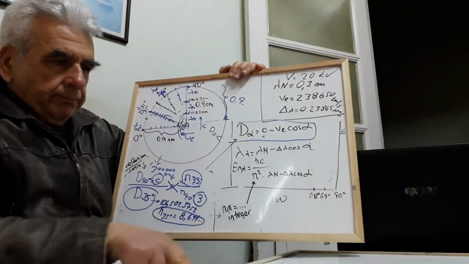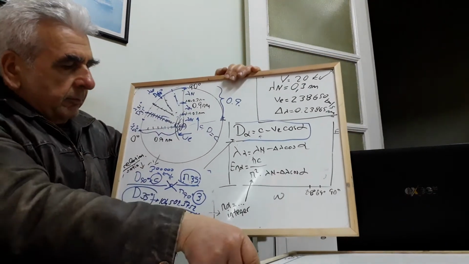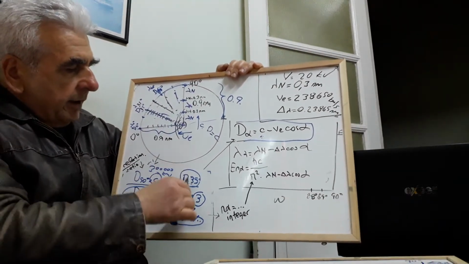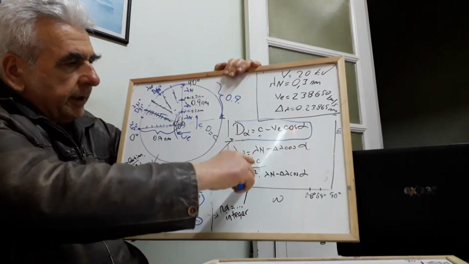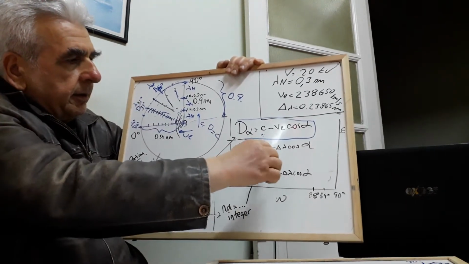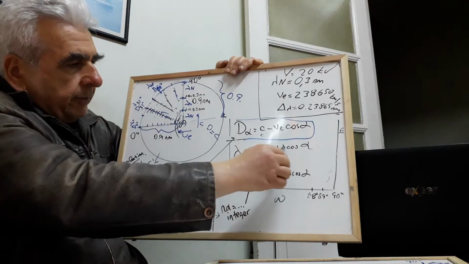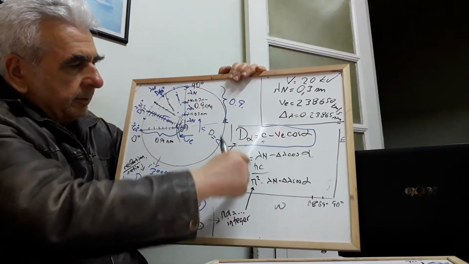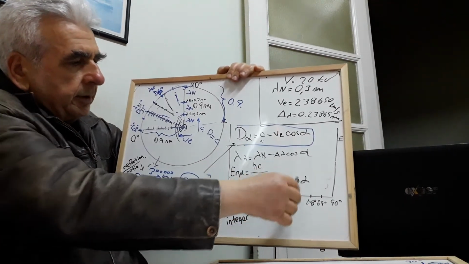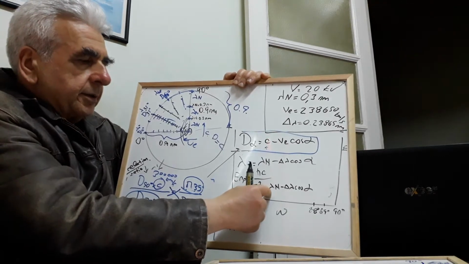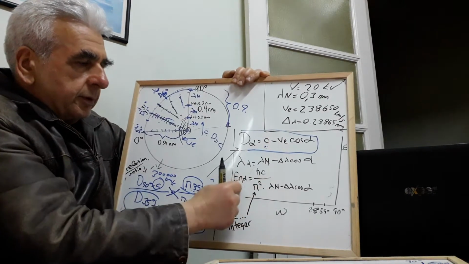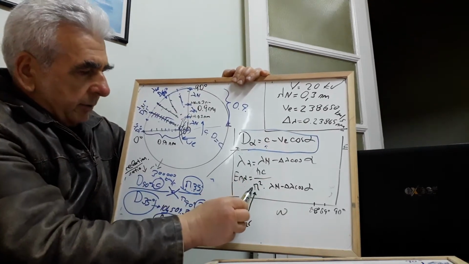Now, we will find N, then we will find lambda alpha, then we put it in this formula, which I put forth. This is my energy formula, okay?